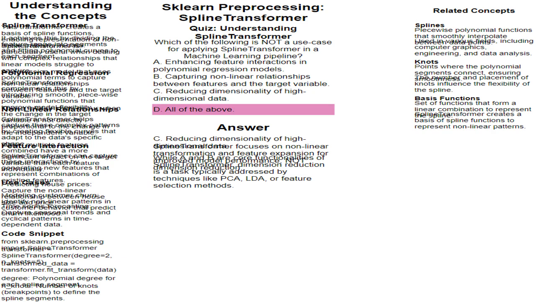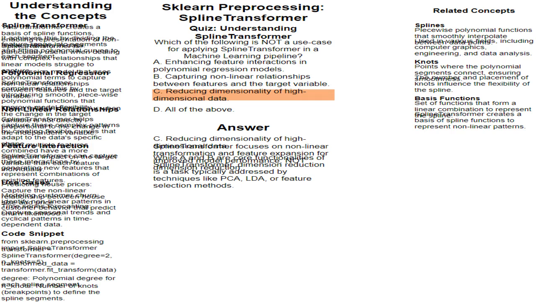D. All of the above. While spline transformer excels at enhancing feature interactions and capturing nonlinear relationships, reducing dimensionality isn't its core function. Therefore, all of the above is incorrect.